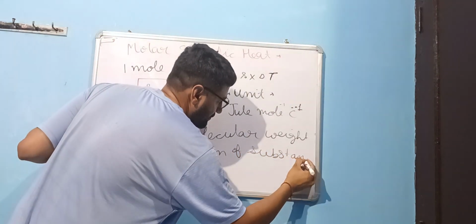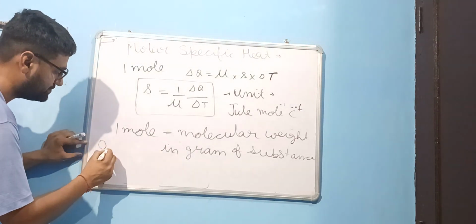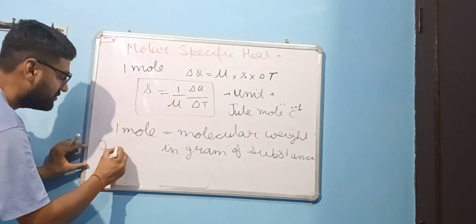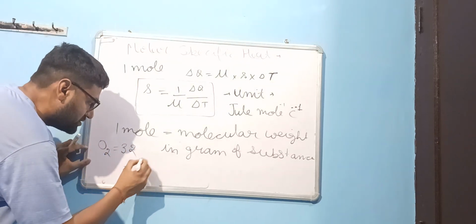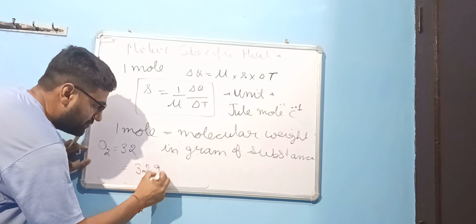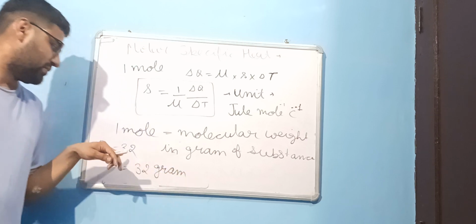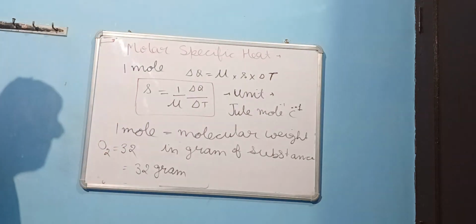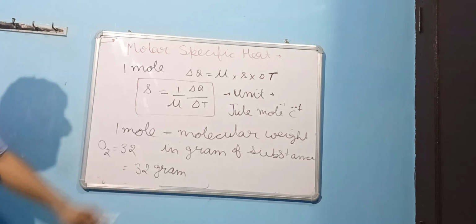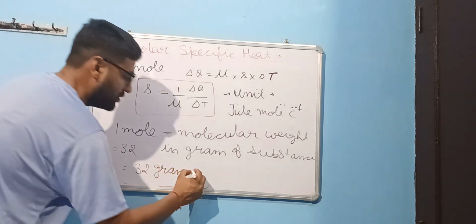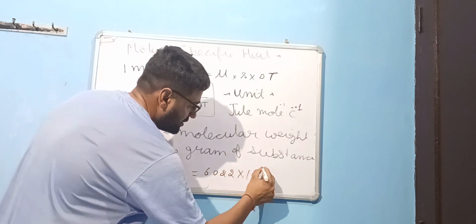Like if we are taking oxygen molecule, its molecular weight will be 32. When we take 32 gram of oxygen, it will be equal to 1 mole, and it contains the Avogadro number of molecules, meaning 6.022 into 10 raised to power 23.